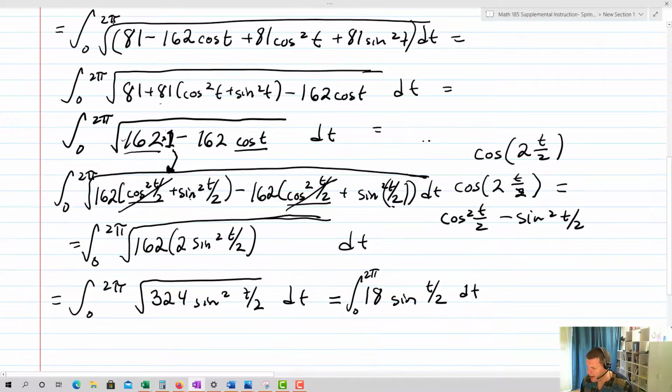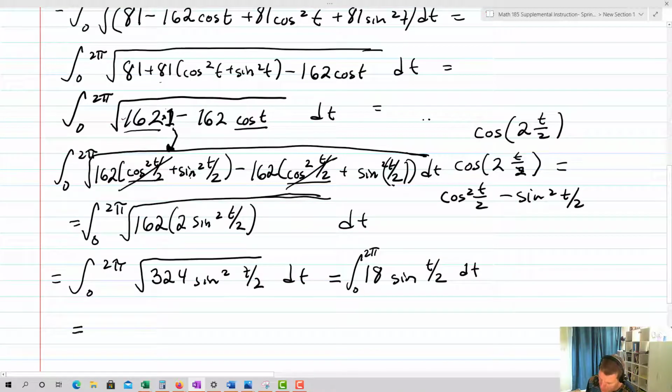And we can just go in and integrate that. So this is going to equal 18 times negative 2 cosine t over 2, evaluated from 0 to 2 pi.